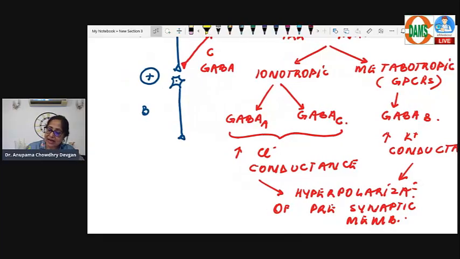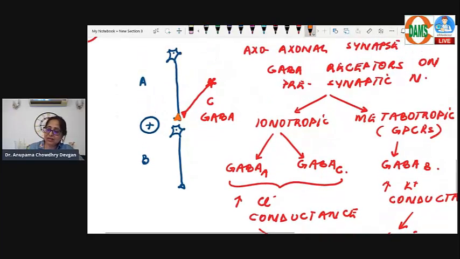Now, if I look at the diagram, the presynaptic membrane, meaning the membrane of neuron A, is hyperpolarized because of GABA. Yes?